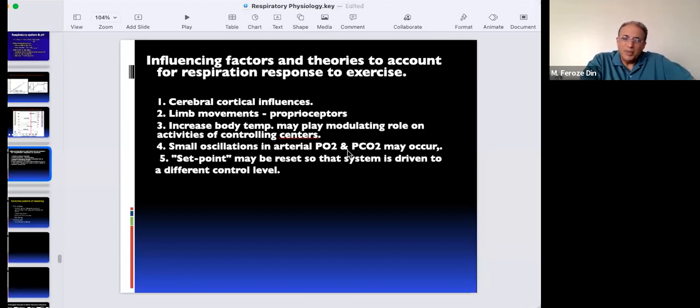Those oscillations may occur, but at our normal measuring level, we cannot detect any change. And actually, sometimes it's been postulated that the set point may actually change. That if we are doing chronic exercise, then our set point may change, that oxygen has to be at a particular level and carbon dioxide must be at a particular level.